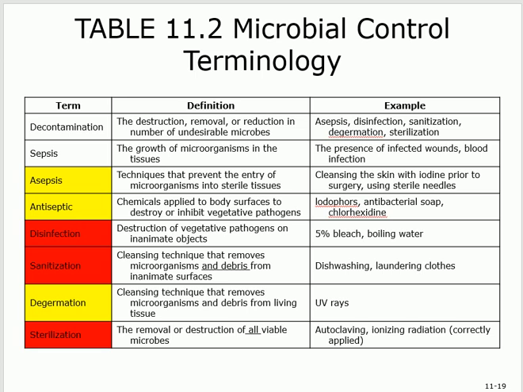Like if I have a wound here and you see the wound start to become yellow colored, start to ooze, we call that sepsis. Asepsis means, what's A at the beginning? Asepsis means preventing sepsis. An example of that is before they do surgery, they use some chemical agents like iodine. They always use it before surgery.